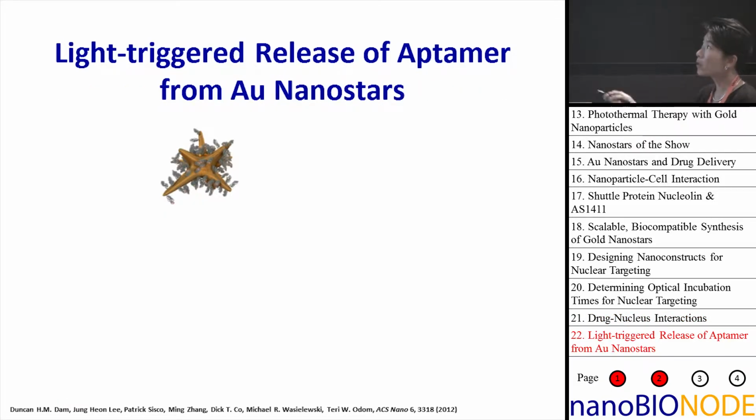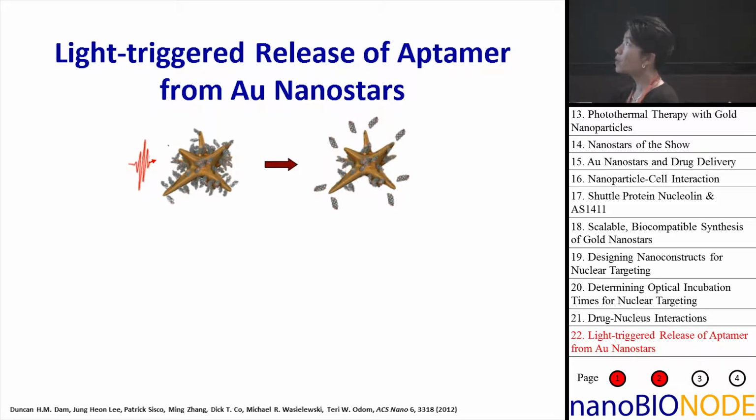Okay, so what we then wanted to do is use light-triggered release to release these drug molecules from the surface. So we have a femtosecond pulse that comes in, and you release some of the drug. I mentioned some of the drug, which is similarly expressed in this cartoon, because you don't get 100% release of the drug.